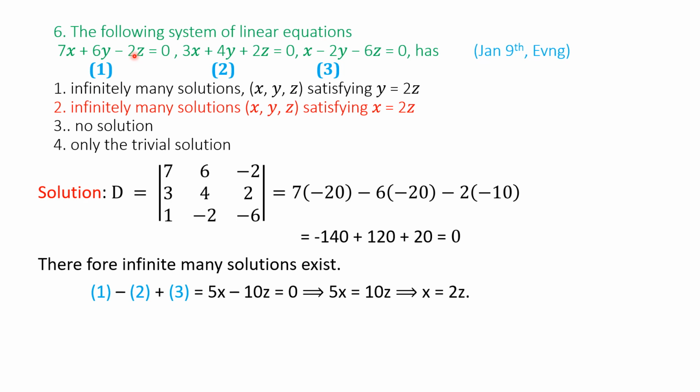Minus 2z minus 2z minus 6z, minus 10z. Here 5x equal to 10z, dividing both sides by 5, the value will be x equal to 2z. So this is given option 2. Therefore our answer is, the given system has infinitely many solutions, x, y, z satisfying x equal to 2z. This is the solution for this problem.